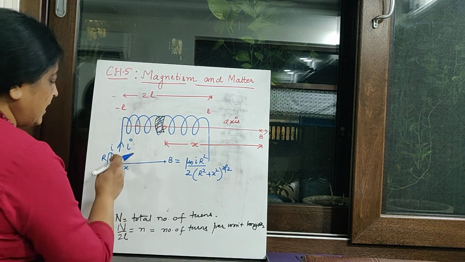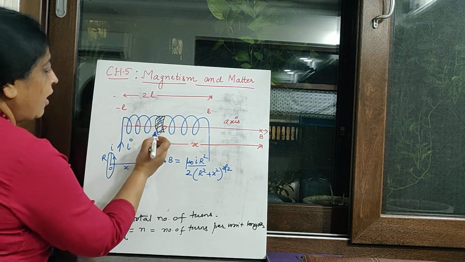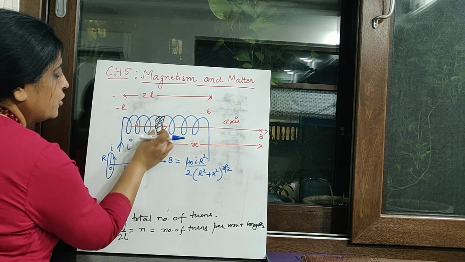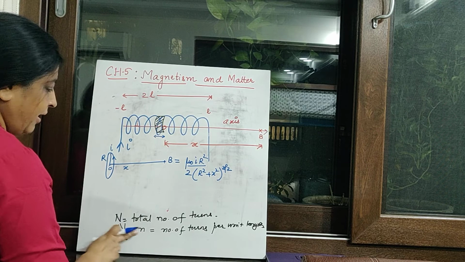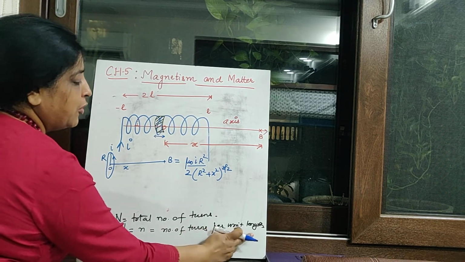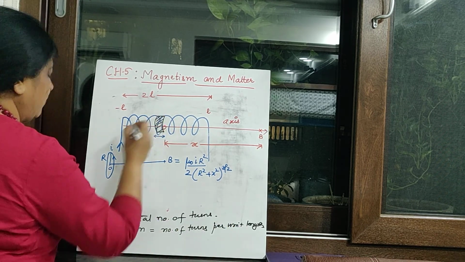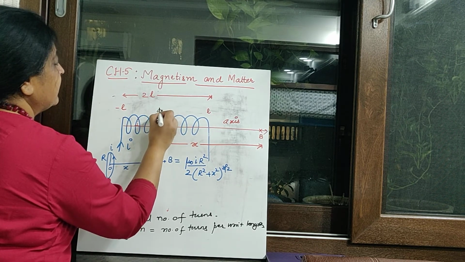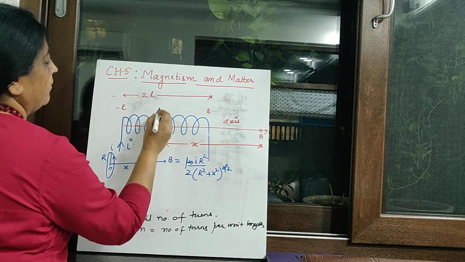Now this is the magnetic field due to one loop. Now how many circular loops are there in this portion? If n is the number of turns per unit length, let us assume that dx is this width, right?